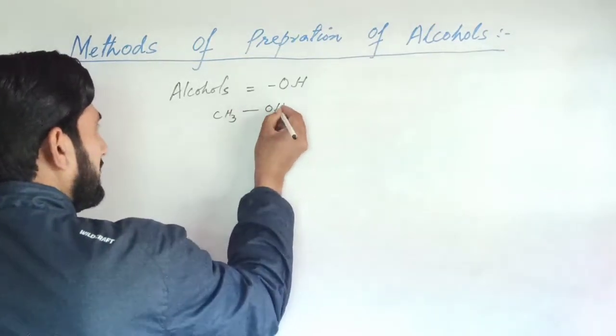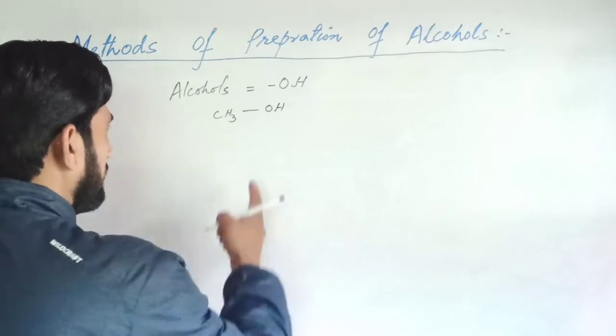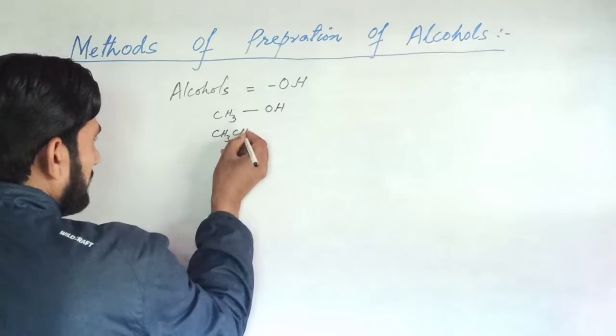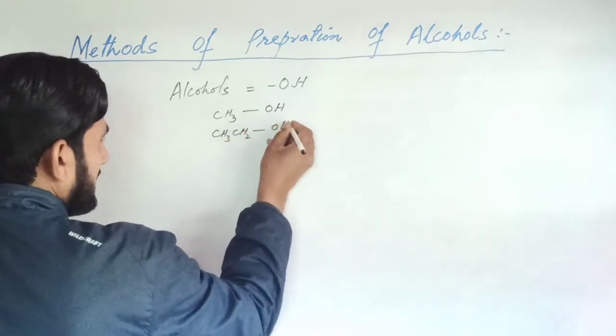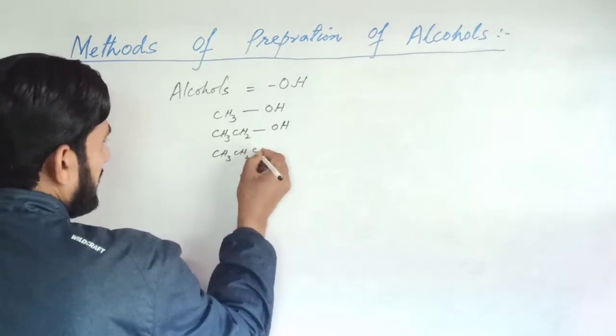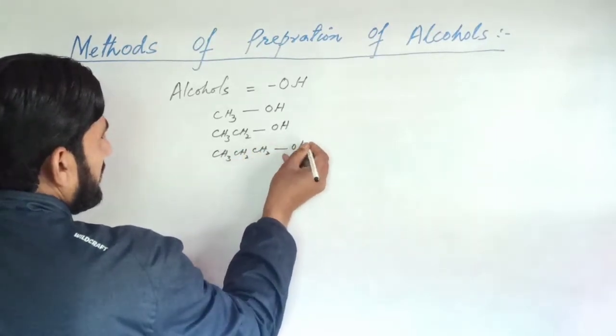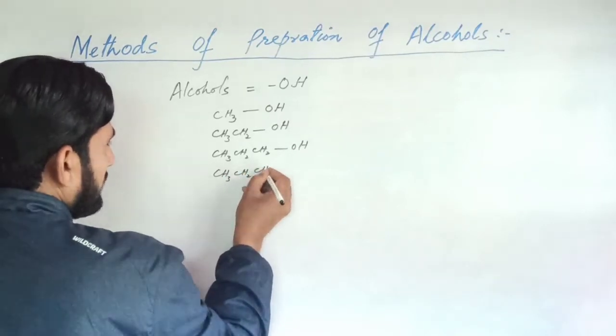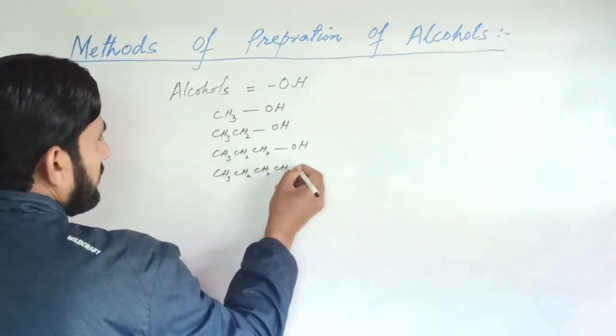To this alkyl part, OH group is attached. Similarly, CH3CH2OH, second member. Third member, CH3CH2CH2OH. Fourth member, CH3CH2CH2CH2OH.